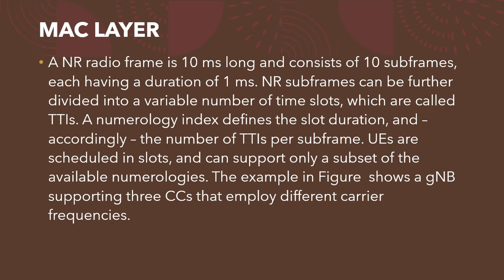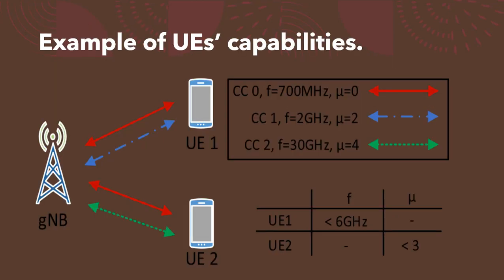The example in the figure shows a gNB supporting 3 CCs that employ different carrier frequencies and numerologies. The gNB serves UE1 and UE2, which have different capabilities in terms of supported frequencies and numerologies.